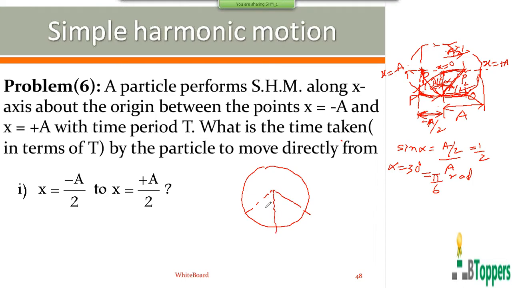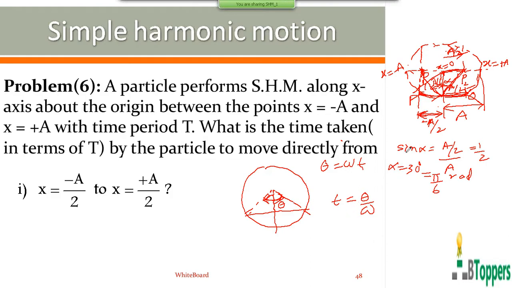You try to find this angular displacement, this angle. Let us call it theta. So time taken is theta by omega. Theta equals omega t; I mean, for the particle in uniform circular motion, t can be theta by omega.